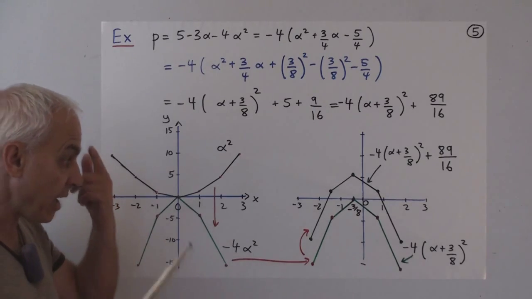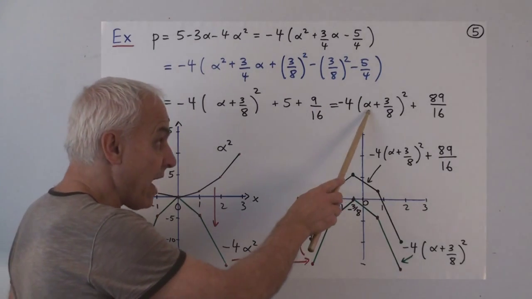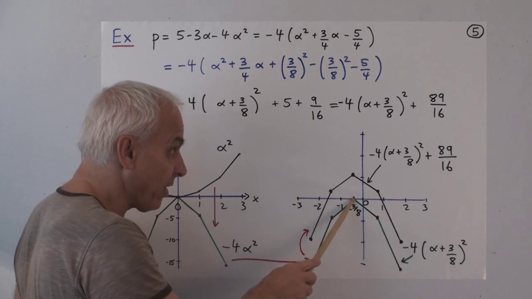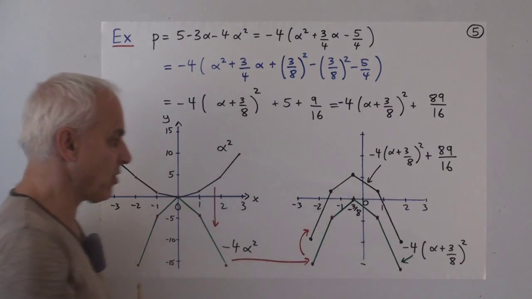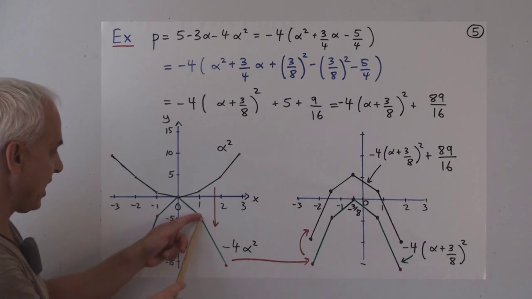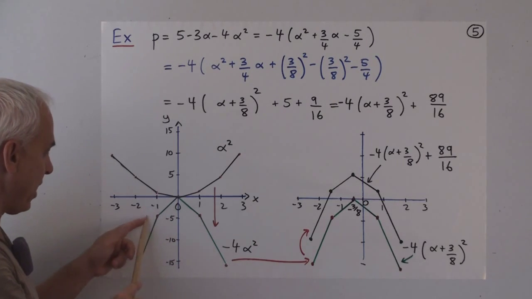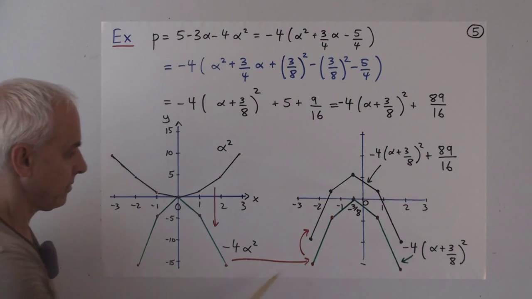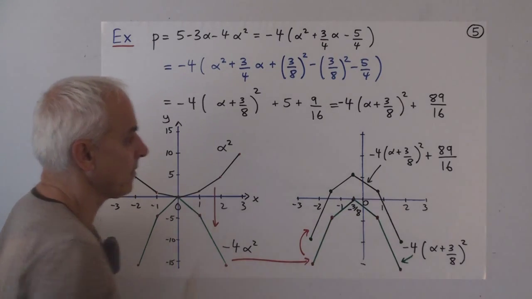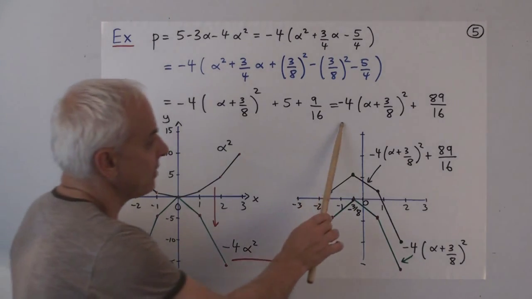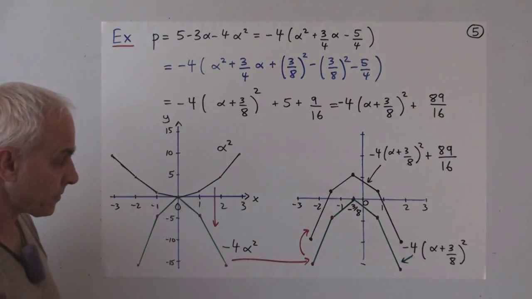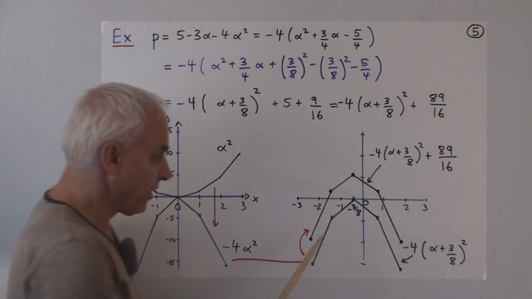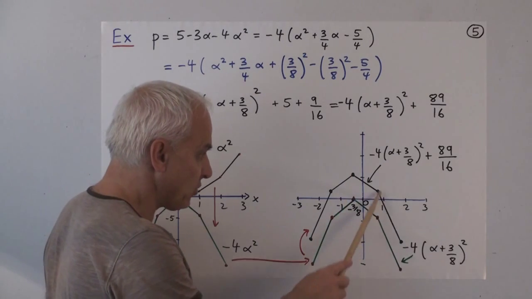And in your mind, you can check that because the value at -3/8, namely here, is going to be 0. So it really does go through that point there. And otherwise, we just take all of these points and move them over by -3/8 to get that one there. And then the final stage is to add 89 over 16, which is just a little bit more than 5. So we have to add a little bit more than 5 to each one of these points.